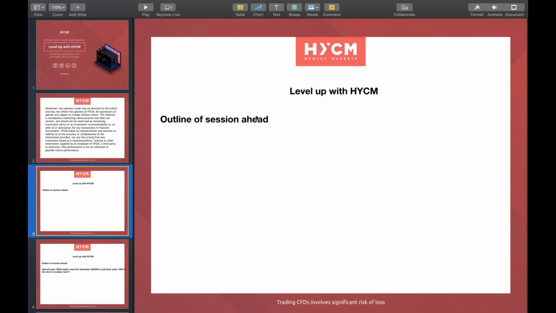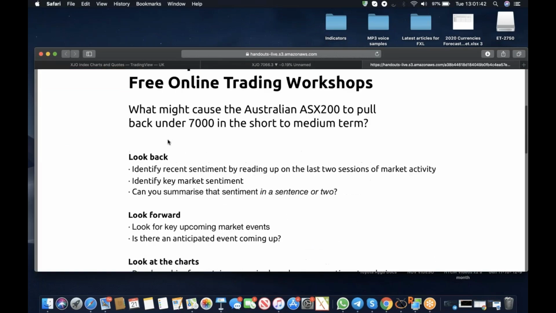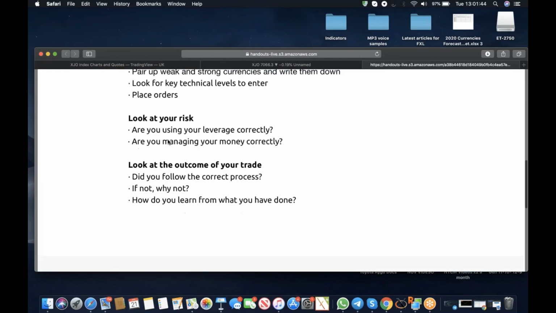Outline of session ahead, what we'll be doing is we'll be going through the handout, and the handout is in the GoToWebinar control panel underneath the handout section. Just click the little grey triangle beside the handout phrase, and you'll see a workshop guide for January the 21st. Double click on that, and this handout should pop up.